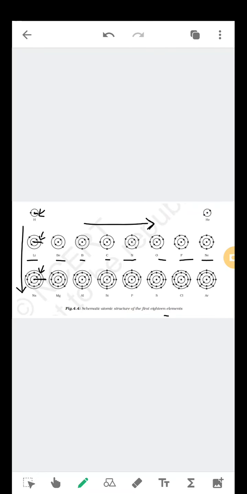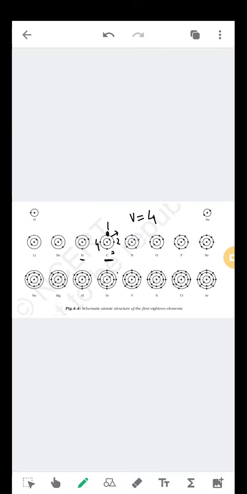Suppose we take the example of carbon, okay. If you see carbon, how many electrons are there in the outermost shell? This is the outermost shell of carbon. Outermost shell means the outside shell.